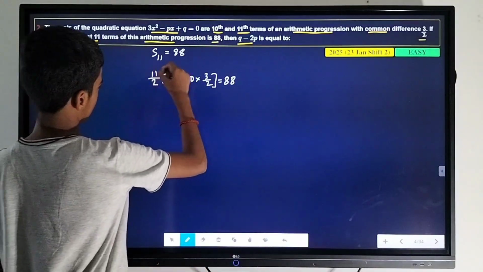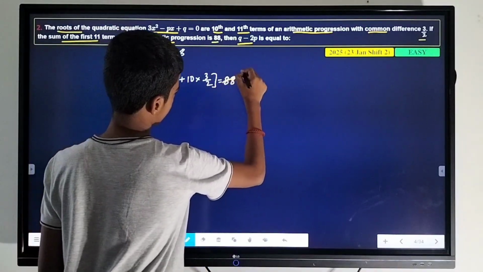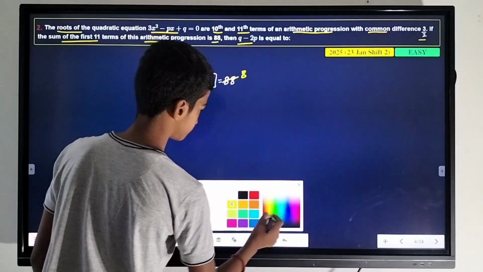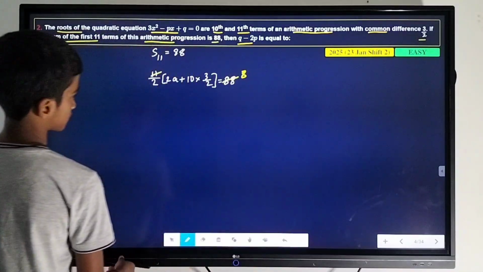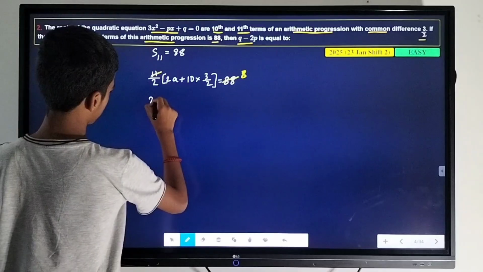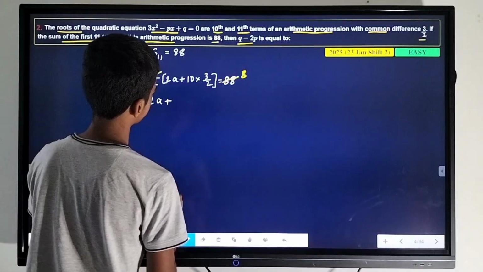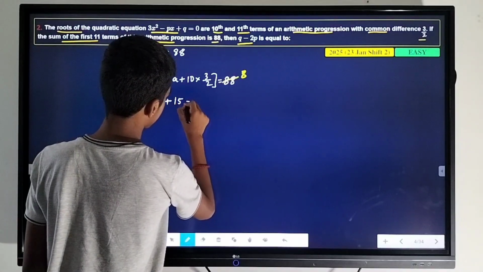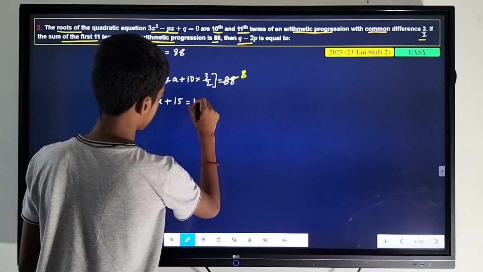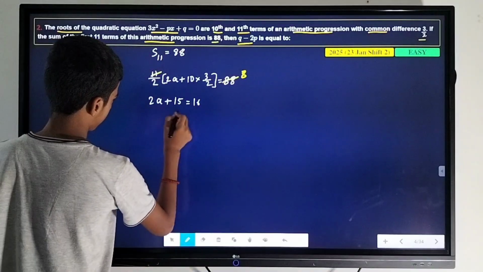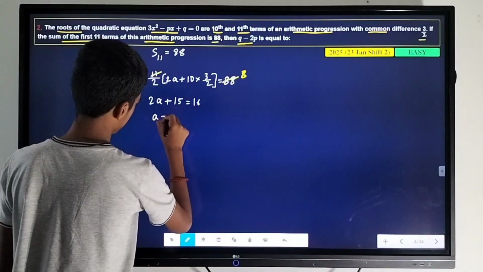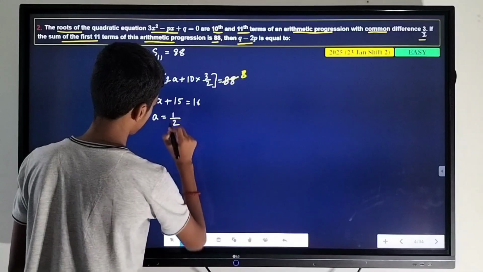Here 11 will cancel 88, 8 times. So from here we will get 2a plus 15 is equal to 8 into 2, 16. From here our a is equal to 1 upon 2.